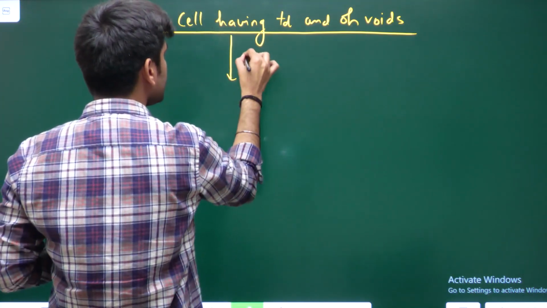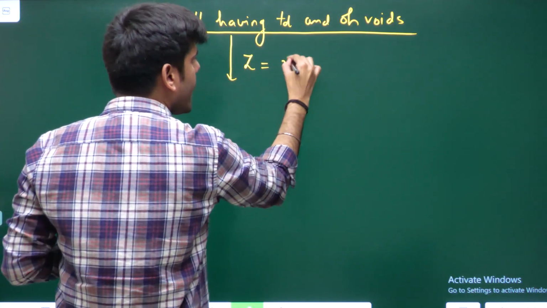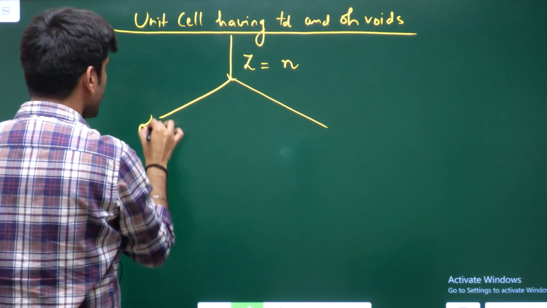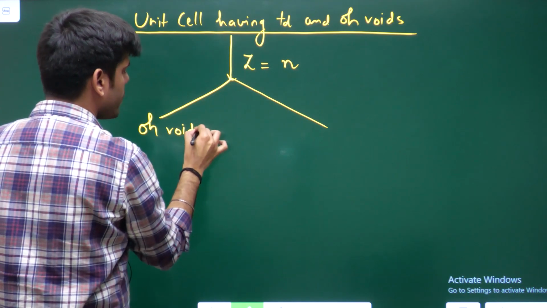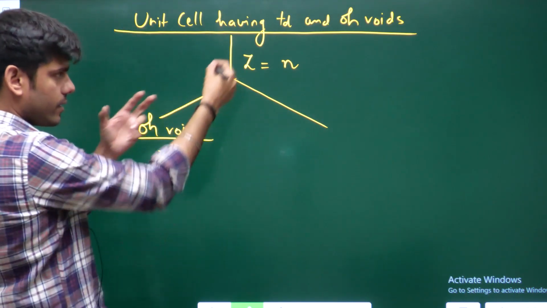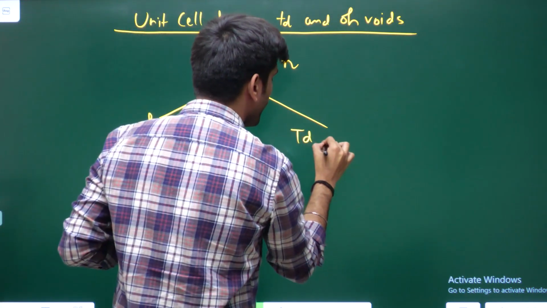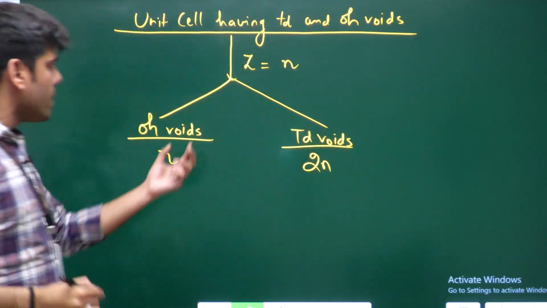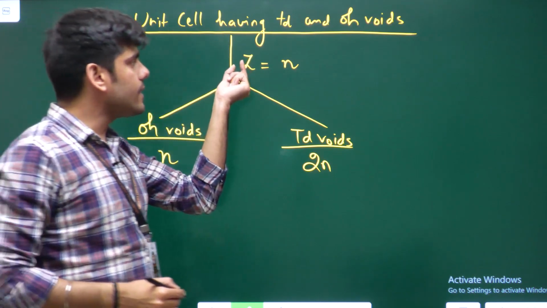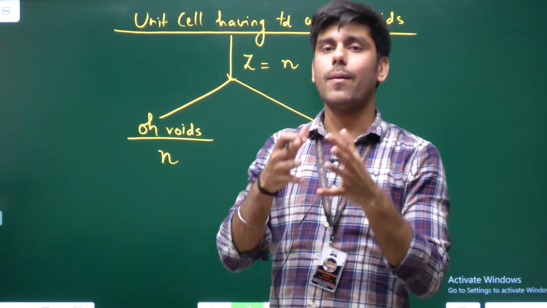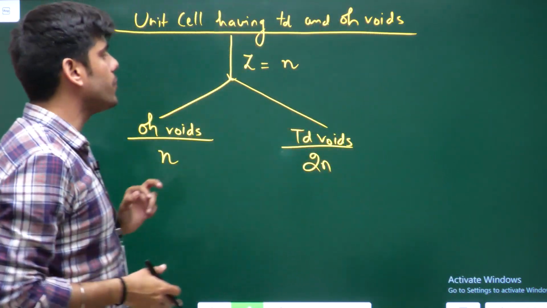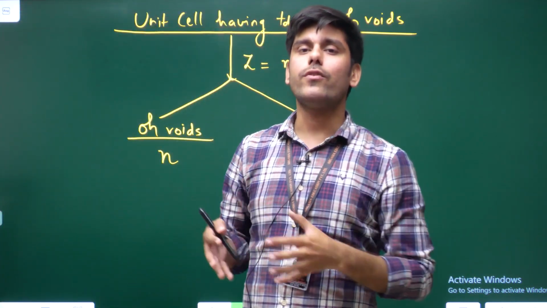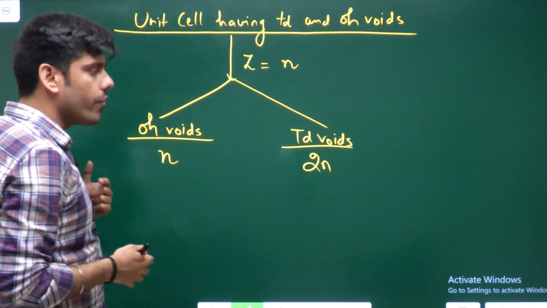So if the number of atoms is n, then the octahedral voids equal this number, and tetrahedral voids are twice of this number. So if a unit cell has n as the number of atoms, octahedral voids equal n, and tetrahedral voids equal 2n.